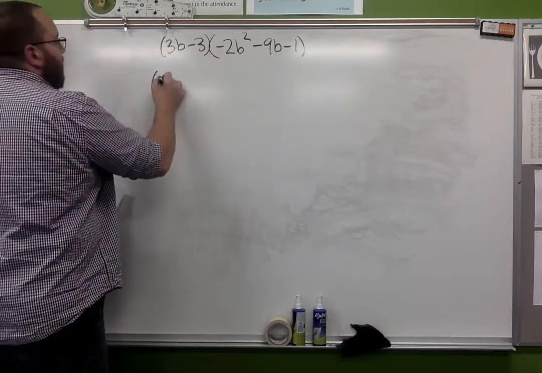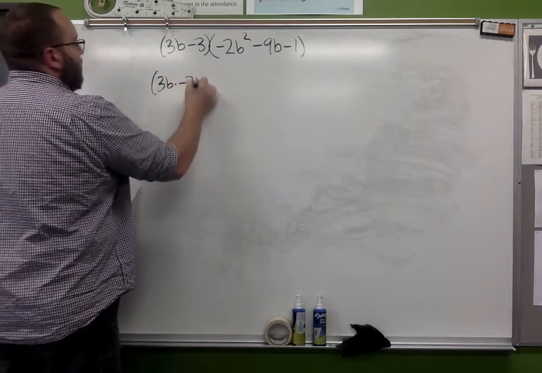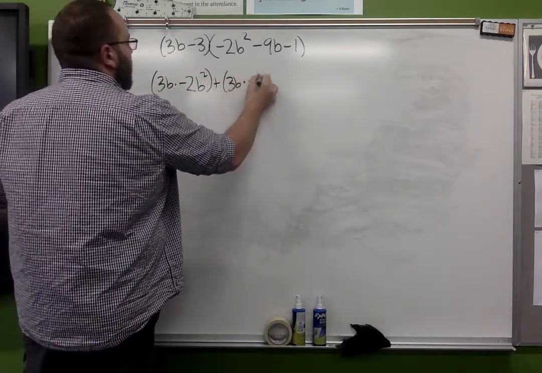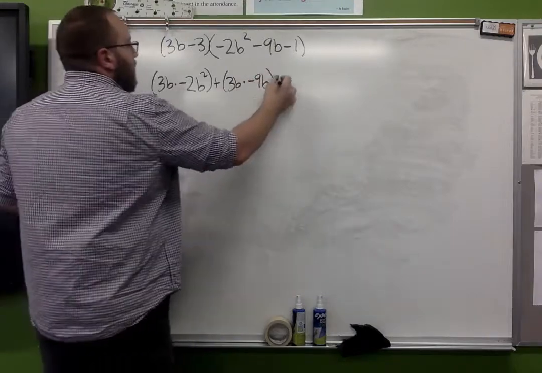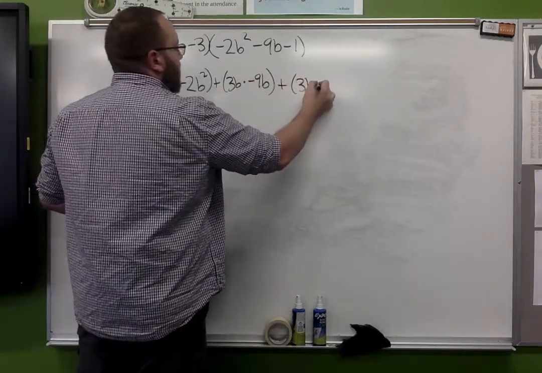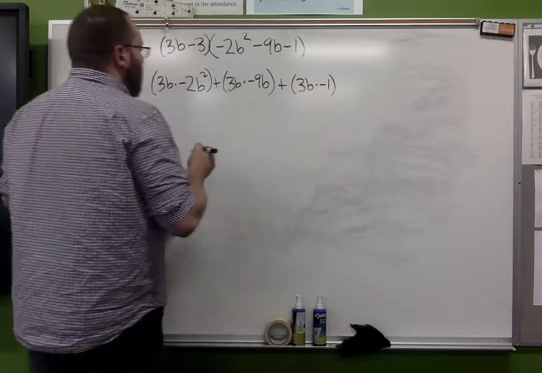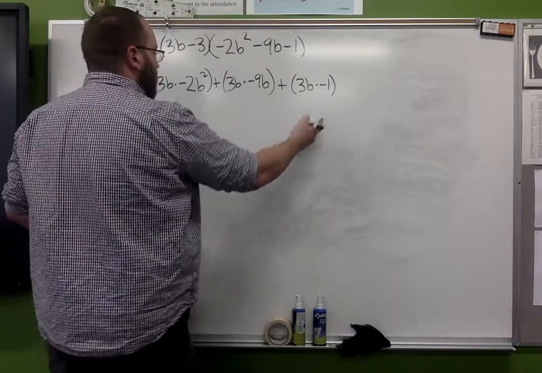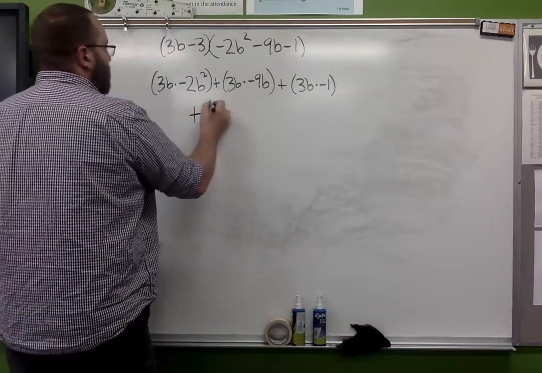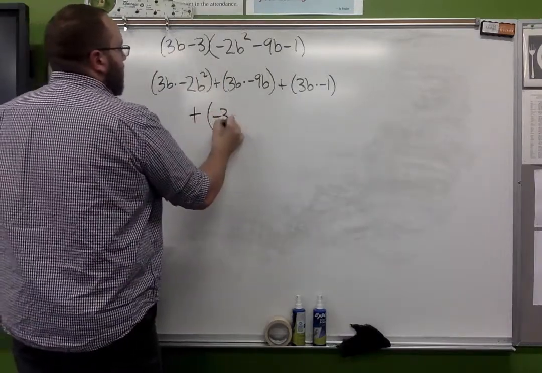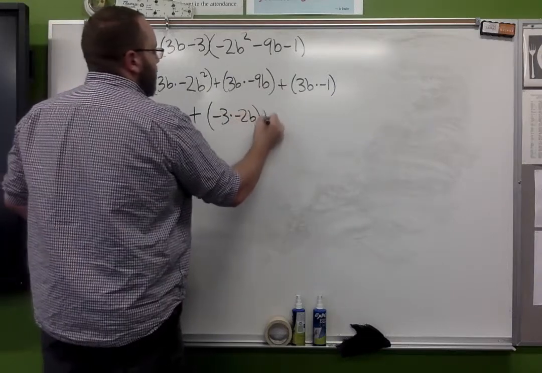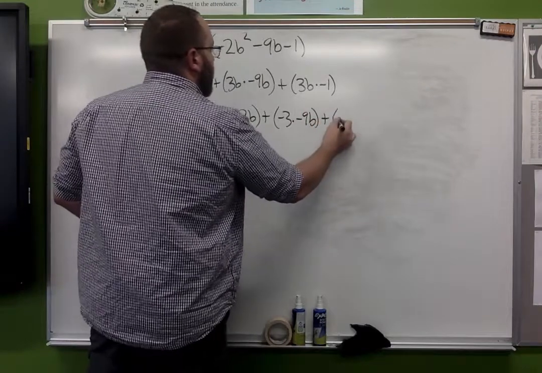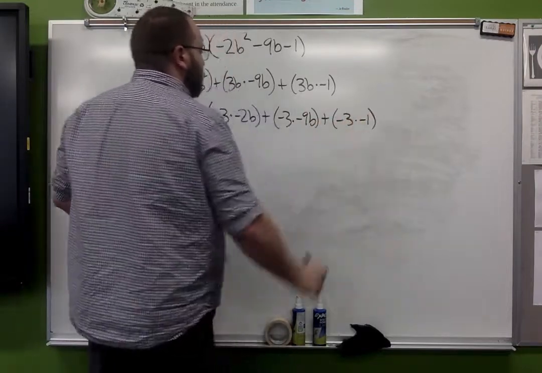Okay, so we have 3b times negative 2b squared and 3b times negative 9b and 3b times negative 1. I think I might run out of room, so I'm going to kind of come down. Negative 3 times negative 2b squared. Negative 3 times negative 9b. And negative 3 times negative 1.